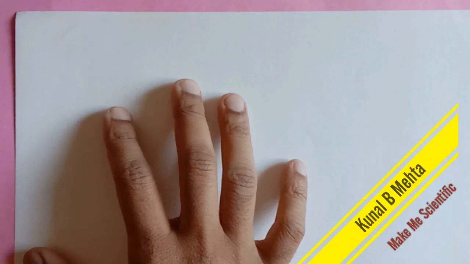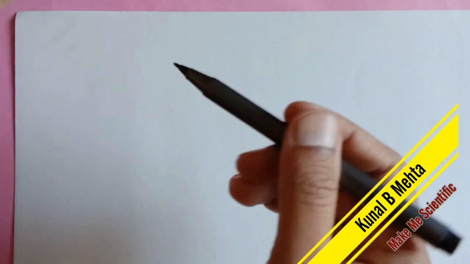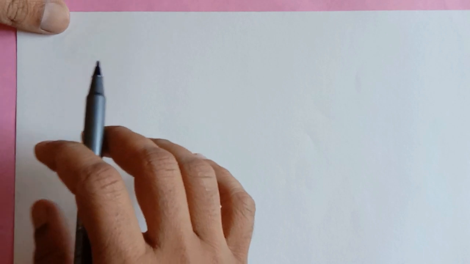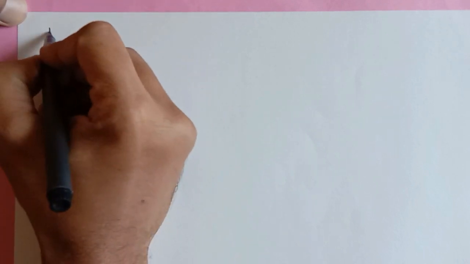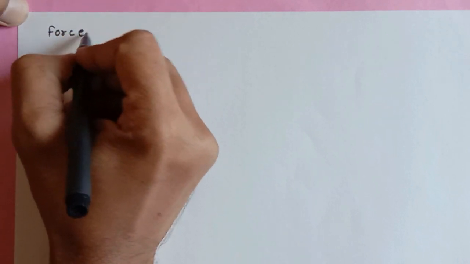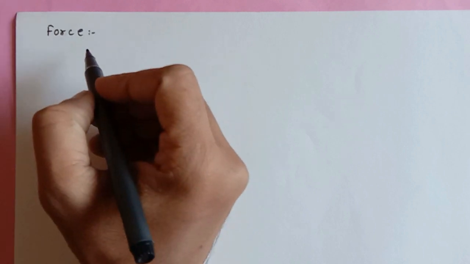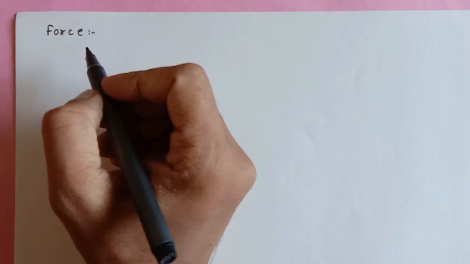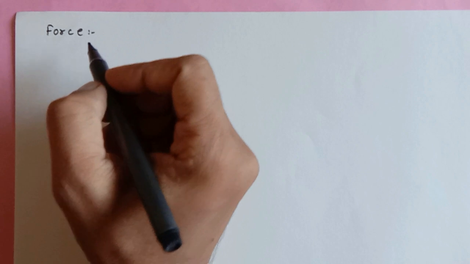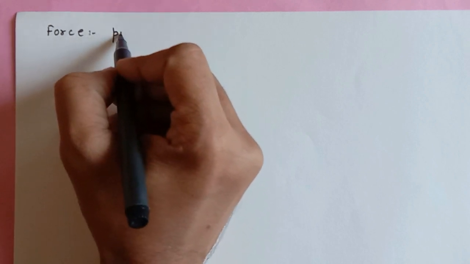Dear students, today we will be talking about the force and pressure chapter in short. So, force: it is a pull or push exerted on a body, that is called force.